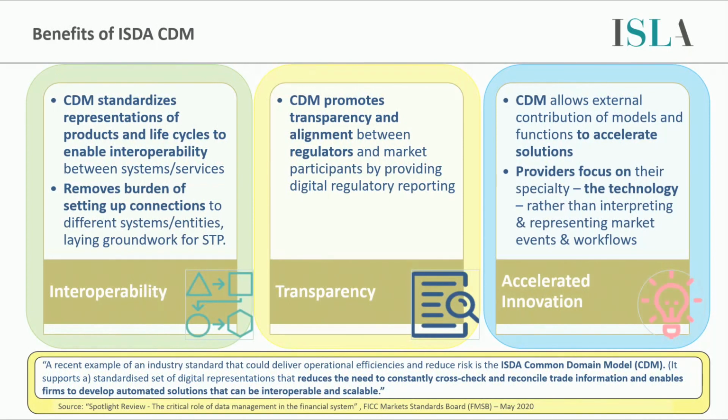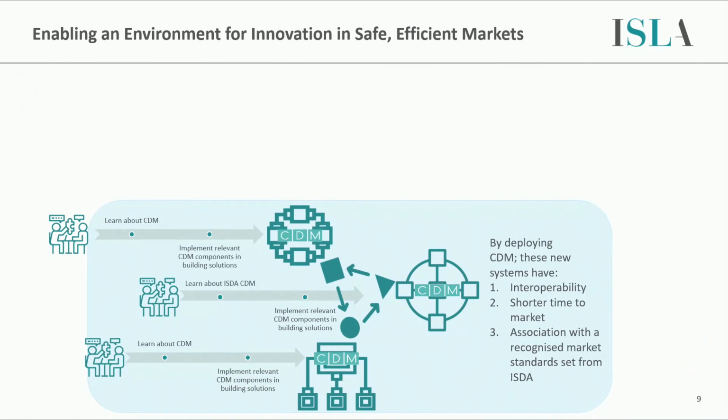I know the securities lending market has just gone through SFTR implementation. I'm sure the potential of CDM to help with that, and future iterations of that is very welcome. And also, the CDM allows an accelerated path to innovation. And we'll look at these benefits in a bit more detail now.